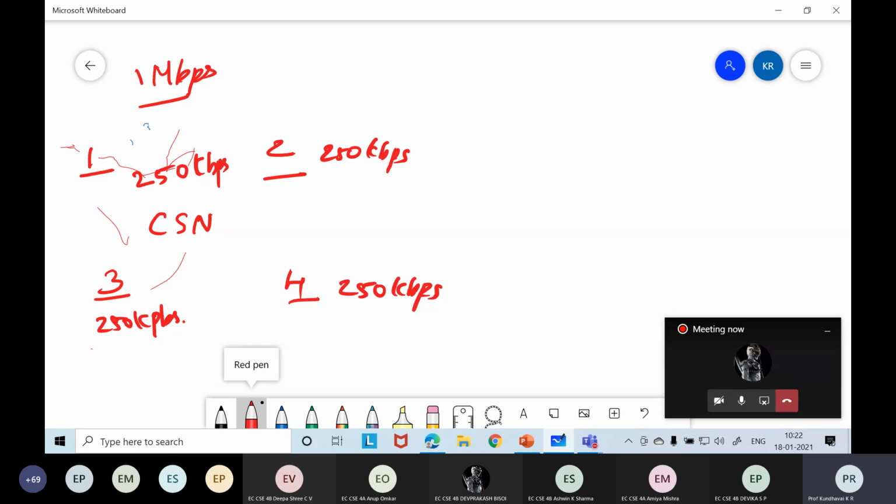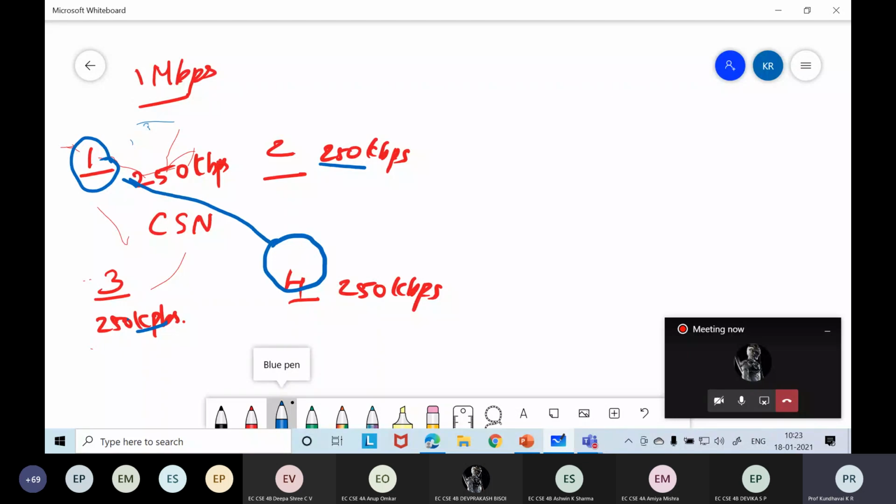In case of circuit switch networks, the transmission rate is going to be constant. Look at the scenario: if system 1 needs to talk to the fourth system, this has a constant transmission rate of 250 kbps, and the remaining 250 and 250 that is occupied by 2 and 3 will just go unused.